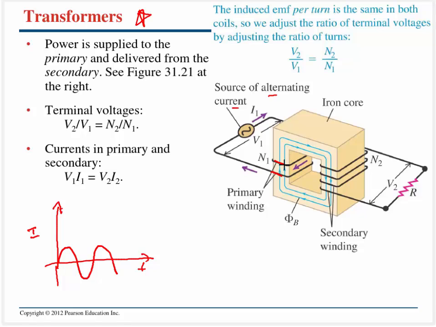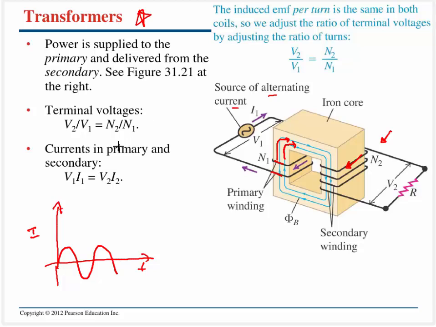That means the current is going to set up a magnetic field inside of this iron core. Changing the current means we're going to have a changing magnetic field. This secondary wiring is all of a sudden going to start getting an induced current because the magnetic field is going to be changing.